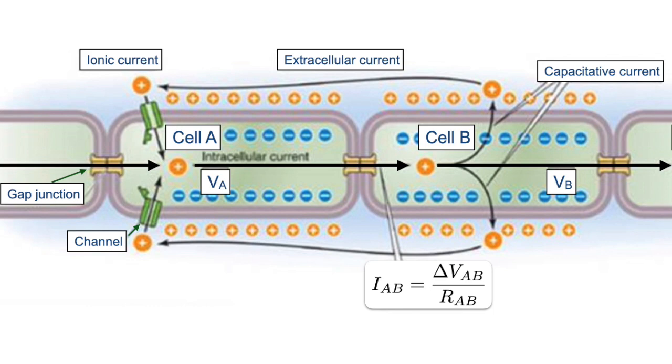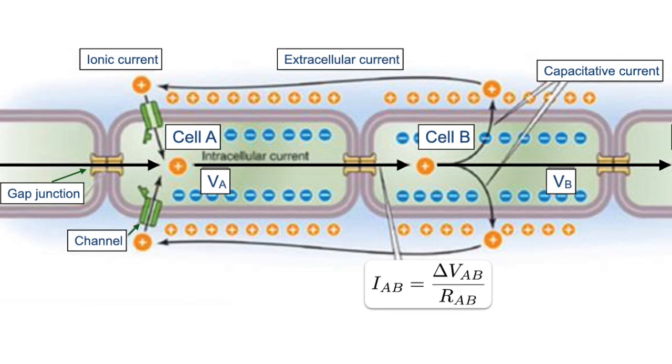So what we have is a situation here where, again, we have one cell, cell A, that is depolarized, that is getting more positive. And there's a potential difference between cell A on the left and cell B on the right. And if there's a potential difference, then Ohm's law tells us that as long as there's a conductive pathway, current will flow.